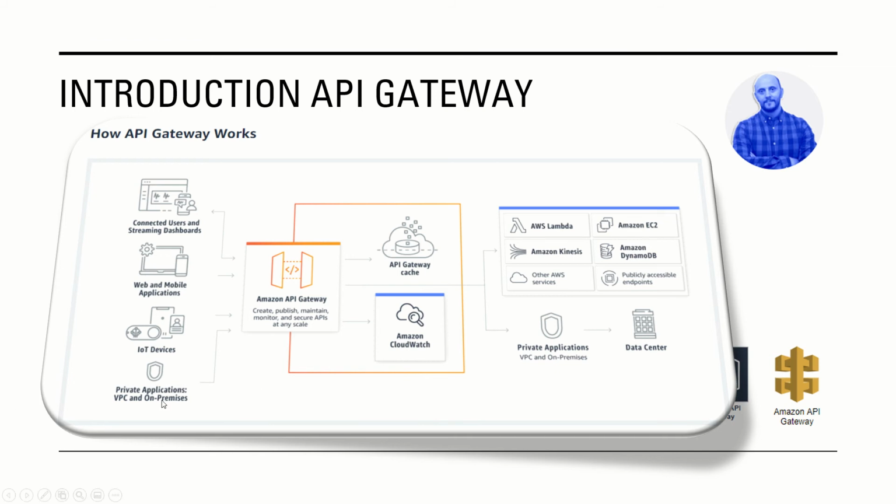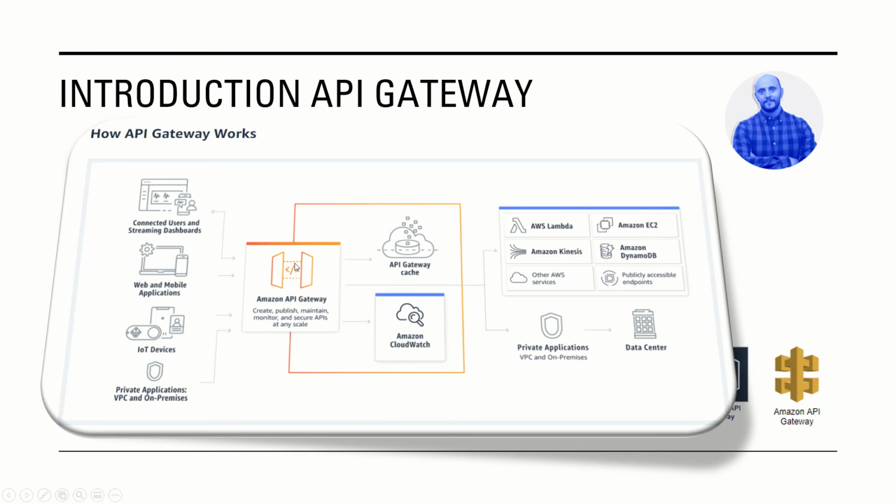You can use some kind of authentication process with on-premises, VPC, or VPN providers to the API Gateway.